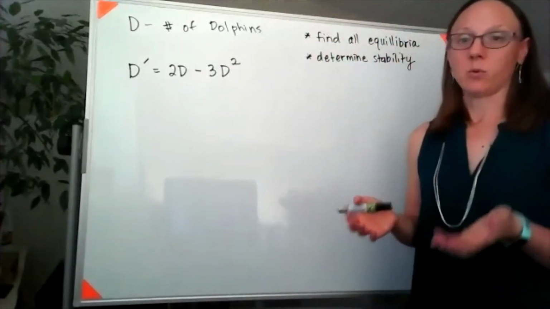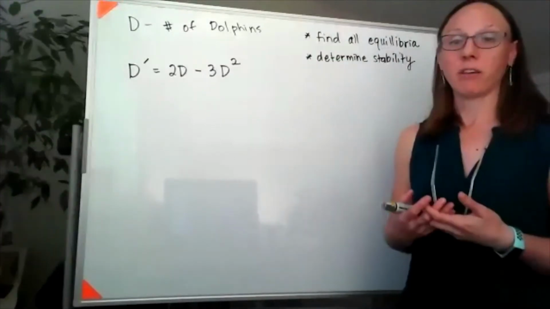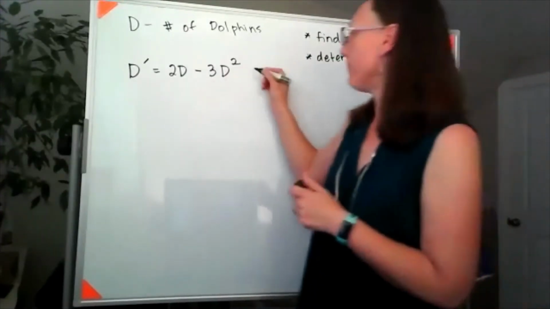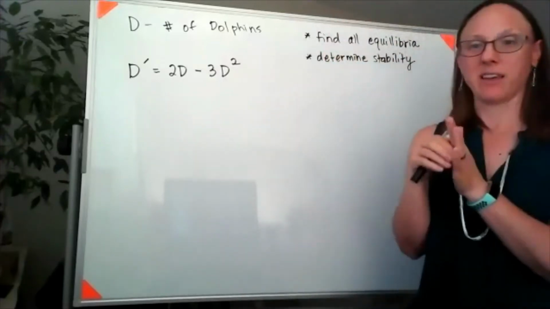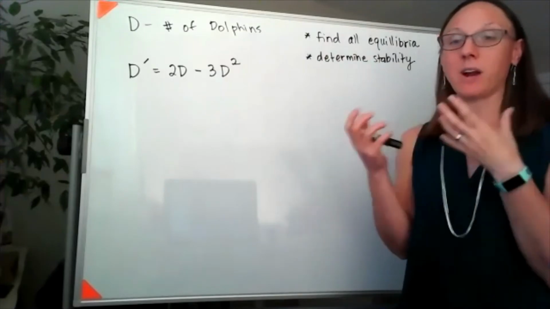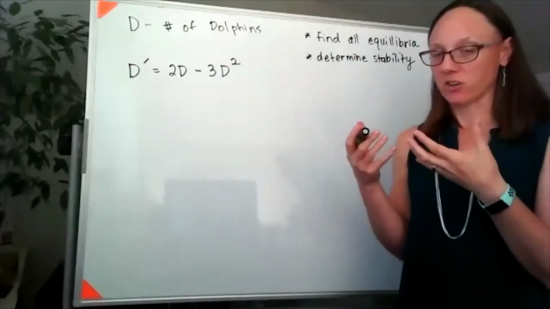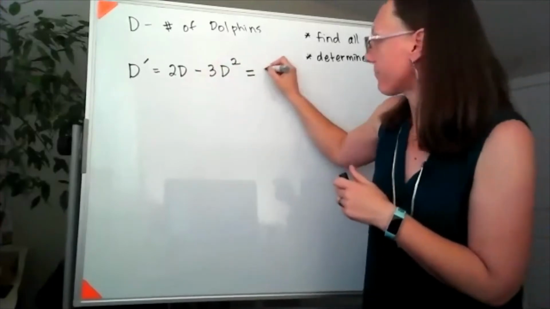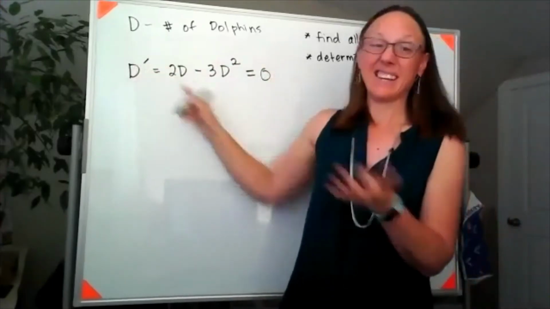Well, finding all equilibria, that means I'm looking for the places where my derivative is equal to 0. Or if we connect that word equilibria back to chemistry, when we're at equilibrium, things aren't changing. So when I'm here at equilibrium, my D is not changing.